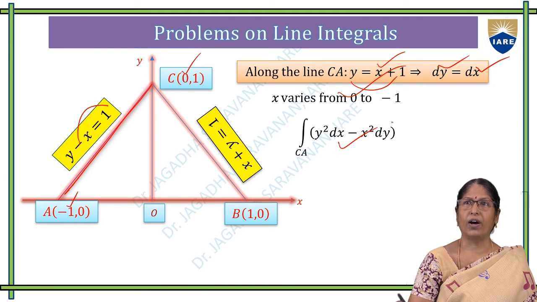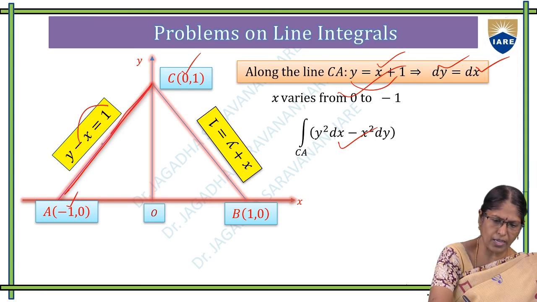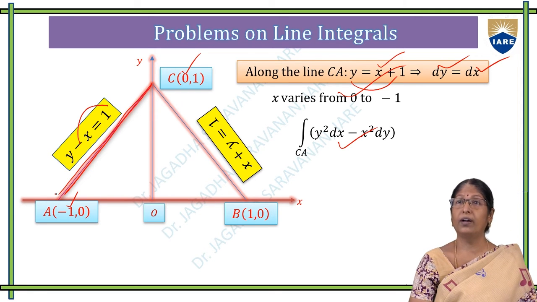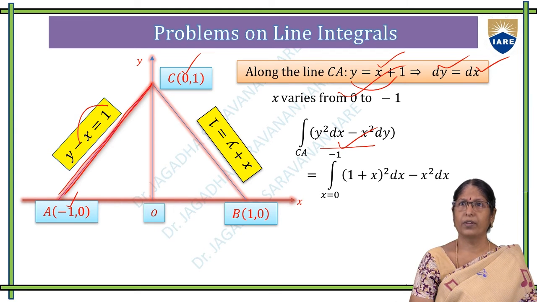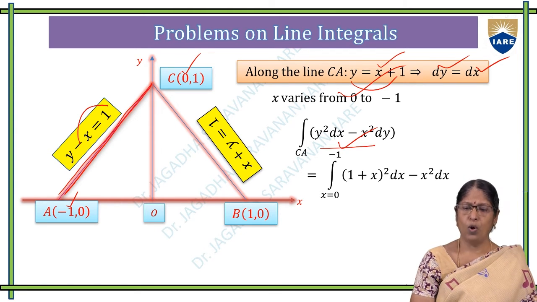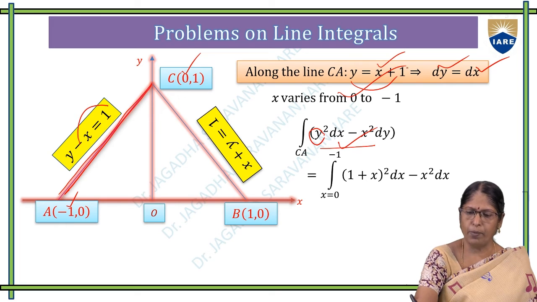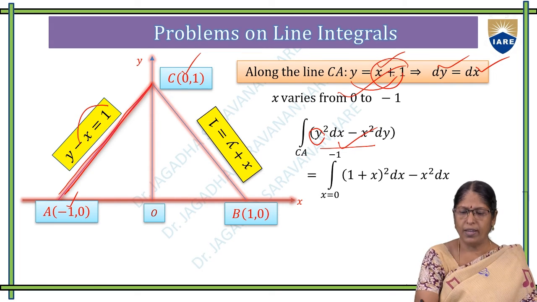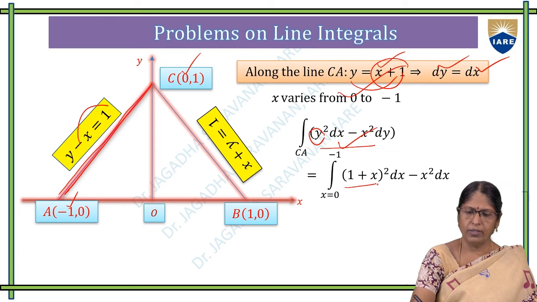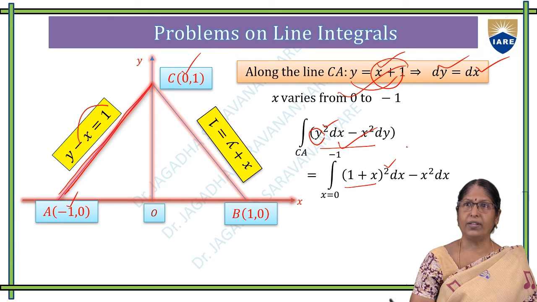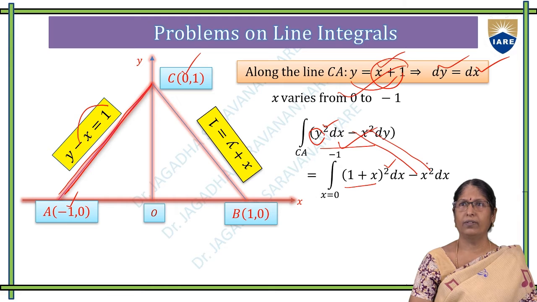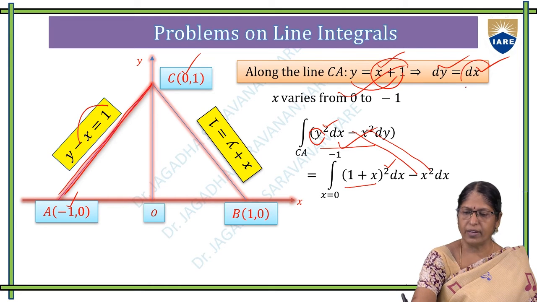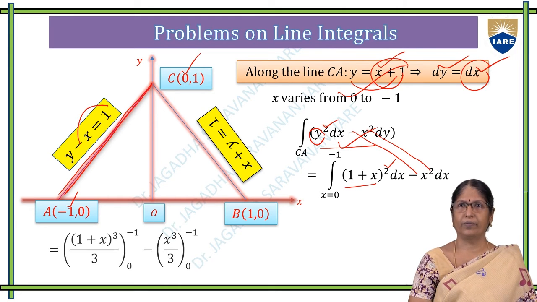This is our given function. Along CA, we are evaluating the line integral. In the function, y we are replacing by x plus 1. The square is written as it is, and this minus is as it is, x square, and dy is nothing but dx.